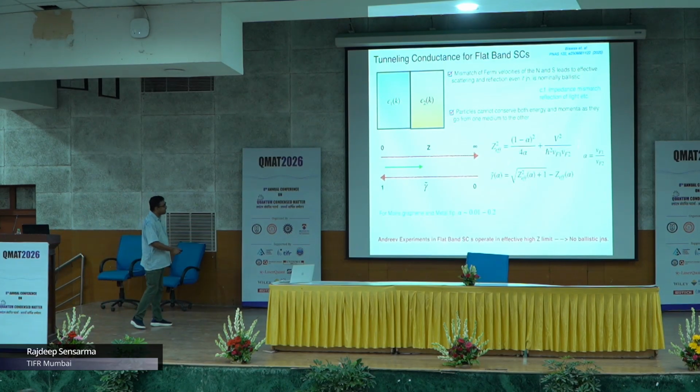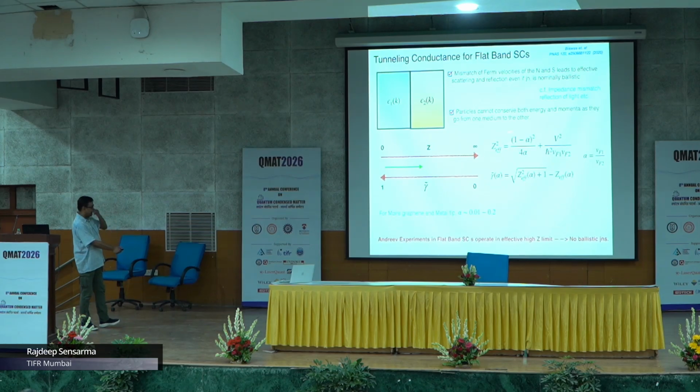You can quantify this exactly, and if you set this V, which is the scattering potential, to 0, you will still see that there is an extra piece which will give you a scattering from this junction. And if you calculate this for a Moiré graphene and a metal tip, alpha is between 1/100 to about 1/5, depending on which ones you take.